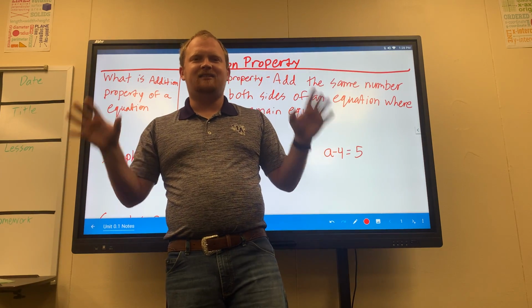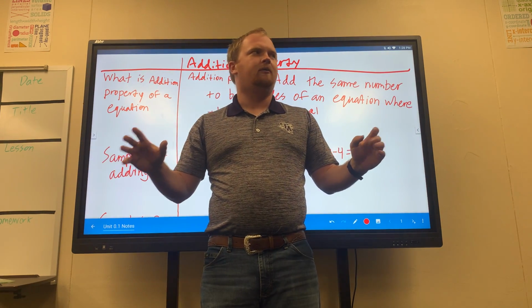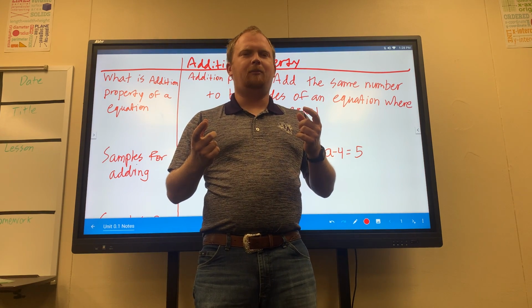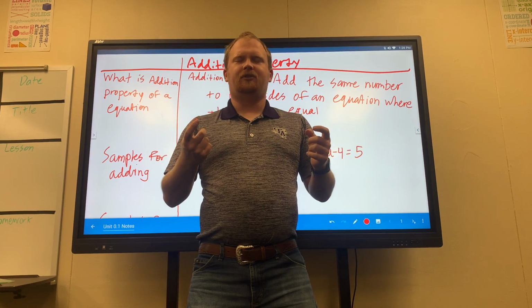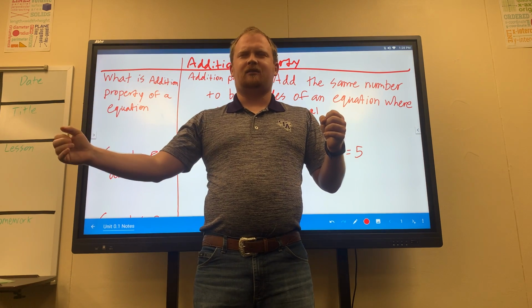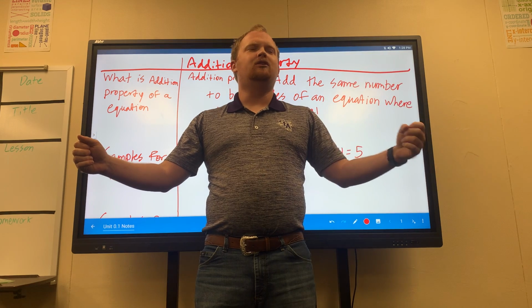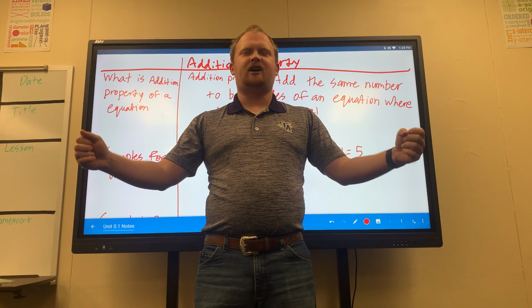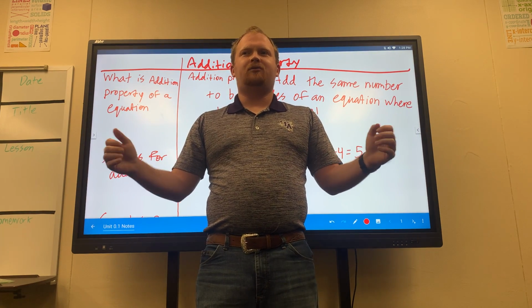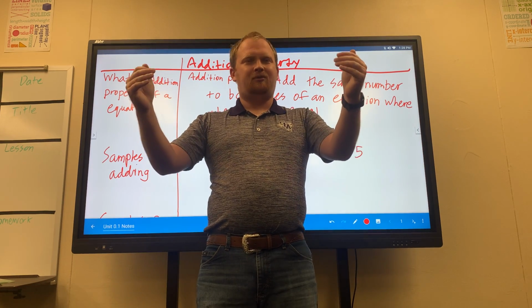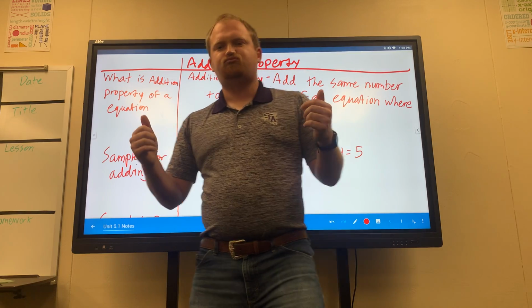That's the basic definition of addition property. Now, we will talk about subtraction property, but the principle is still the same thing. If I take off 5 pounds on one side, I still want to take off 5 pounds on the other side. So even with subtraction property, it works out the same way, except this time we're taking weight off.